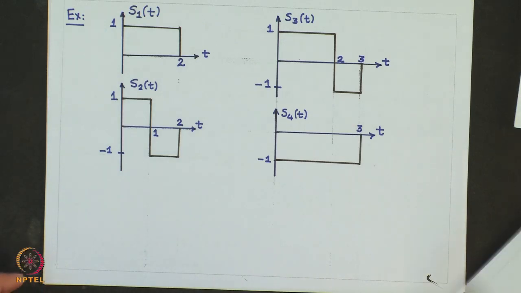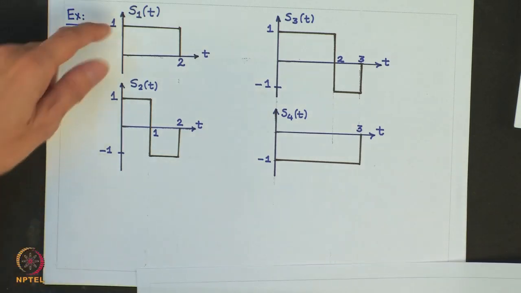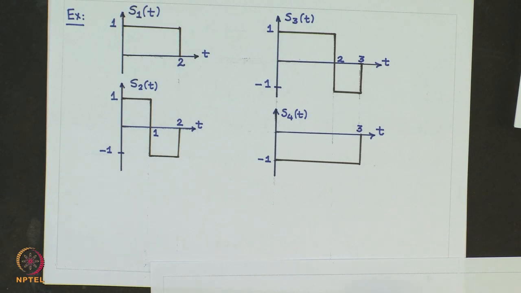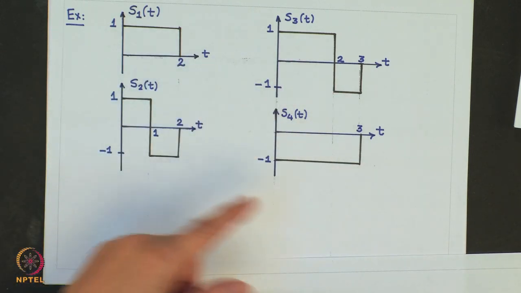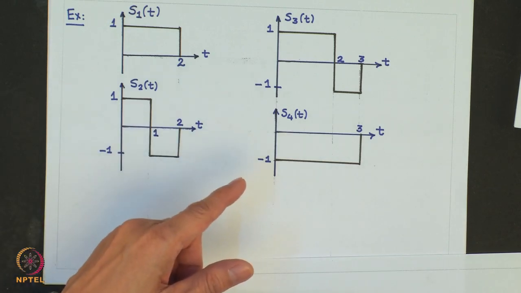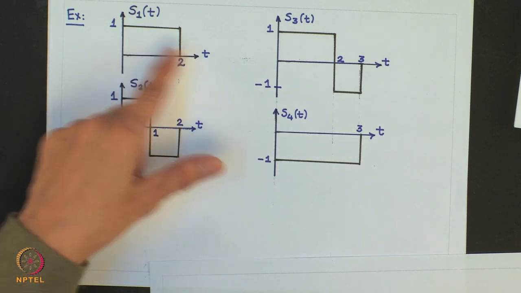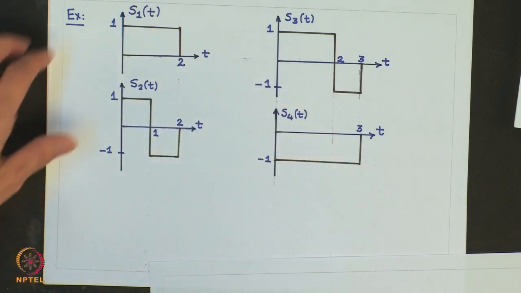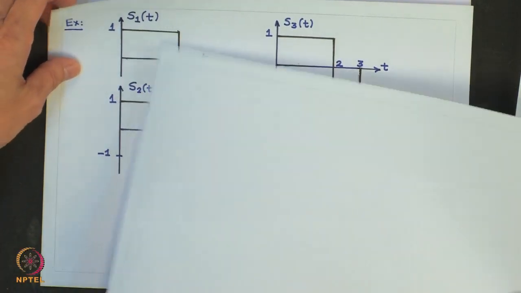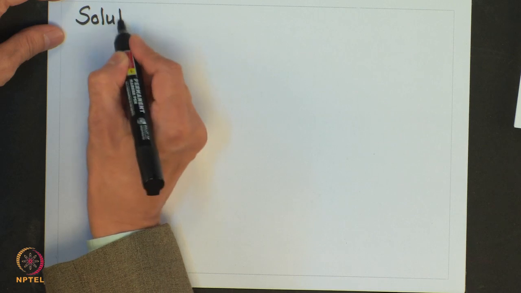So, what we will do is start with this and try to obtain the orthonormal basis signals in terms of which we can represent any of these given 4 signals. The solution would be as follows.